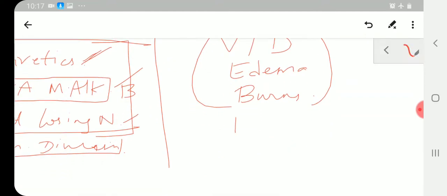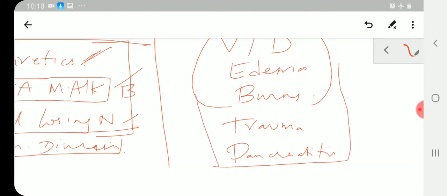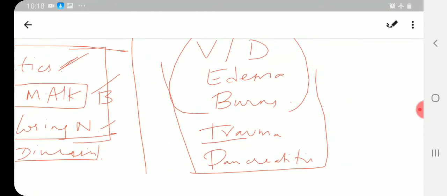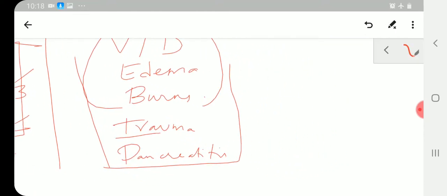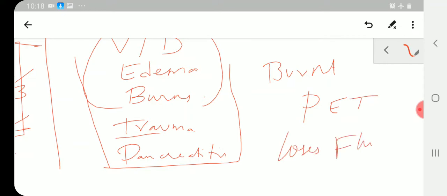The next important is trauma. There can definitely be fluid loss in the patient. And pancreatitis, where the patient may also be consuming a lesser amount of fluid. To remember these, I have made a mnemonic: burnt pet loses fluid.